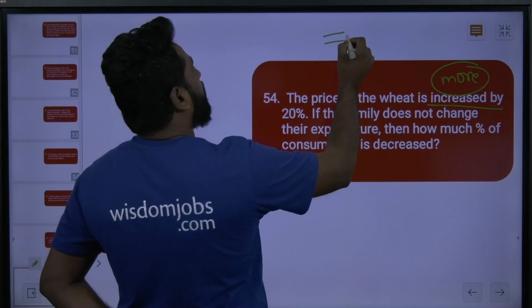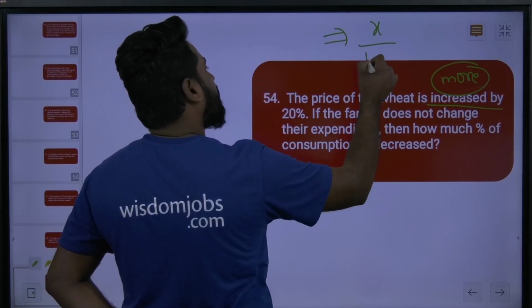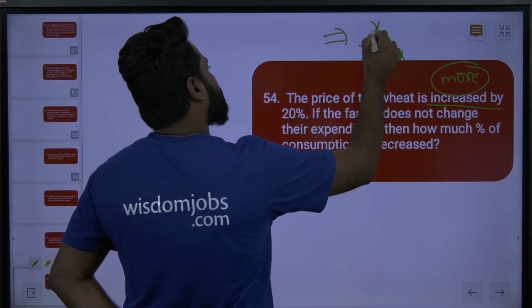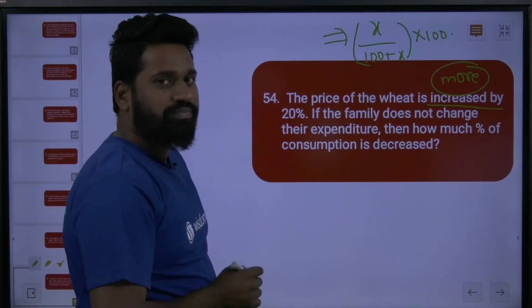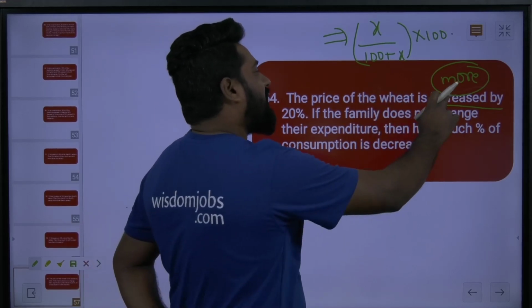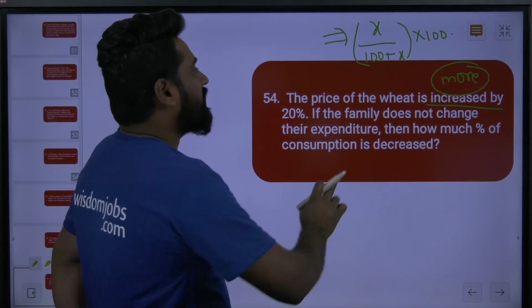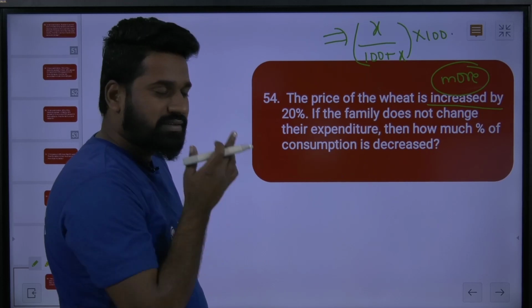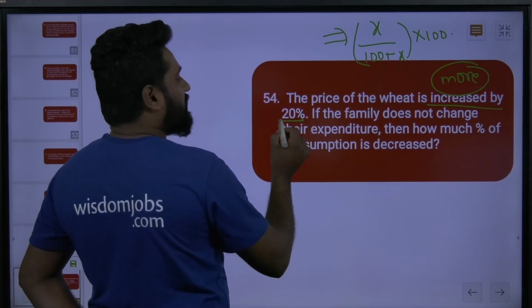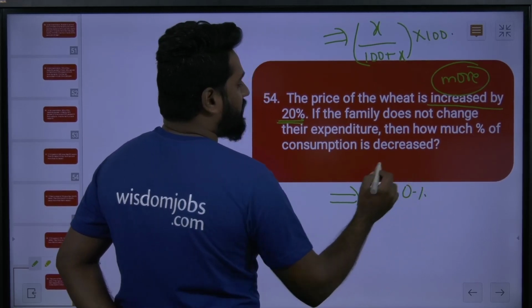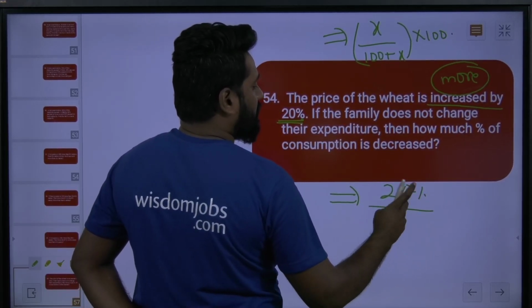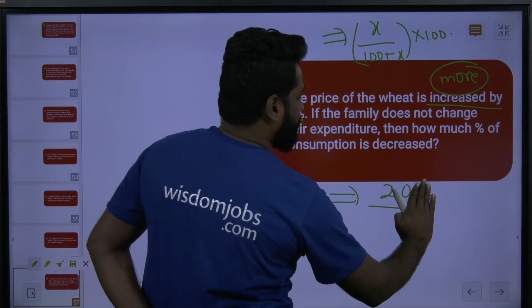You can use the same formula, x by 100 plus x into 100. This is the formula. If less or decreased is given, you can use minus here. Okay. So the percentage is nothing but this percentage. You can write 20% divided by, or you can write only 20.